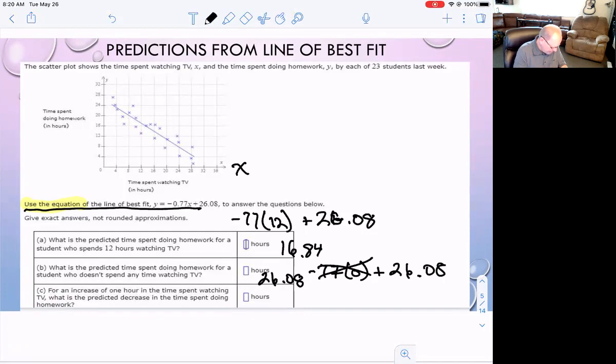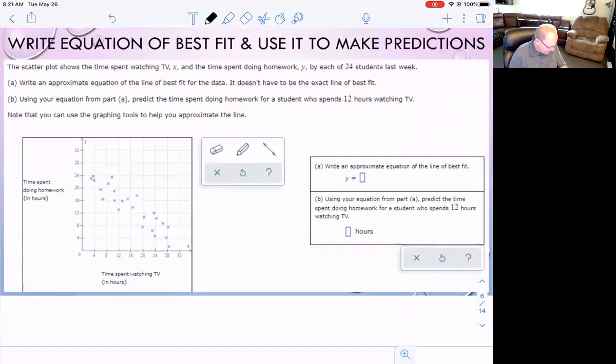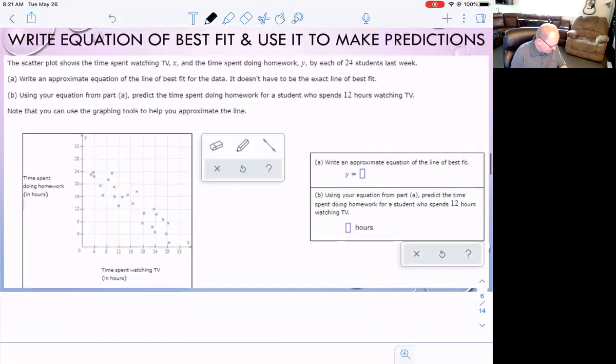What happens here? Well, the slope here is negative 0.77 over 1. So it decreases 0.77. Now, it shouldn't want you to put the negative in with that because it's already done that when it said decrease. See, it said, how much does it decrease? Well, decreases by 0.77.